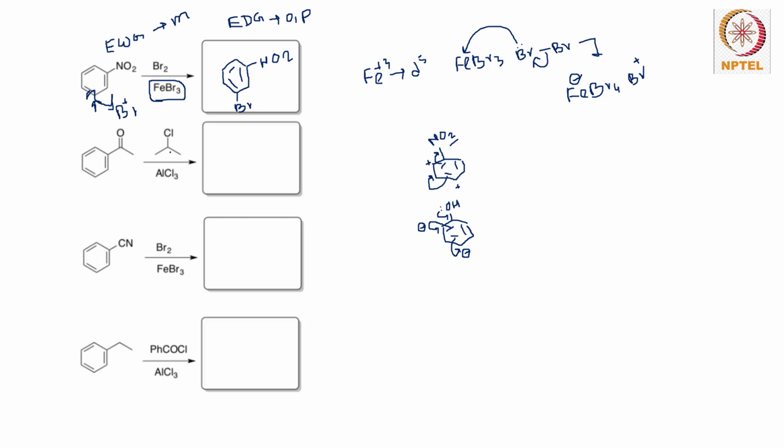So this vacant d orbital can take up this chloride and generate this alkyl cation, and this is the electron withdrawing group. So this will prefer this position, and we get our product.